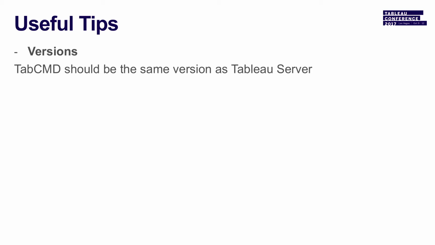So make sure when Tableau server is updated, you download a new version of Tabcmd from our website. Most of the time, it might not matter. Some of the tasks will run exactly as they did before, but we ran into a few problems with publishing specifically, and then we discovered that we were using a different version of Tabcmd, and that's what was causing this error and issue.